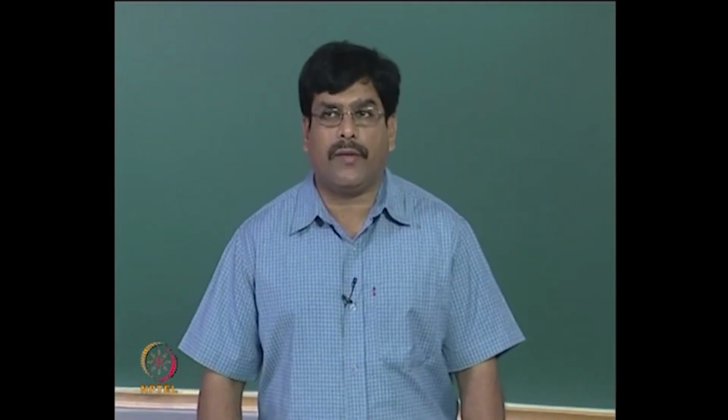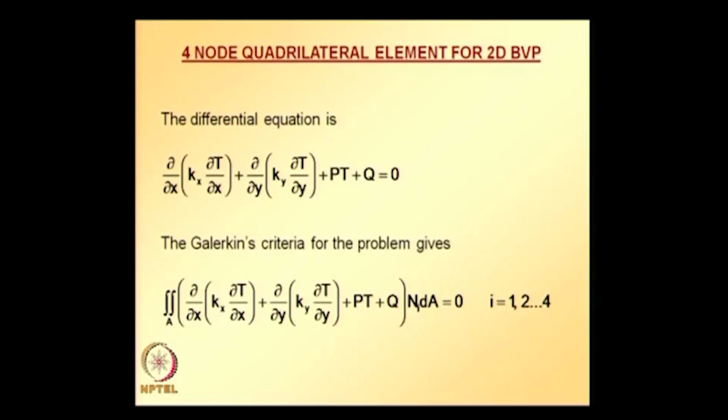So, integrate the given differential equation with the shape function, and how many shape functions depends on what kind of element one is adopting. So, multiply the given differential equation with the shape function, integrate over the problem domain and equate it to 0. This is the first step, and this equation needs to be further simplified.